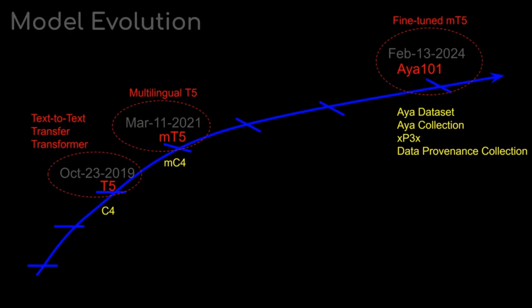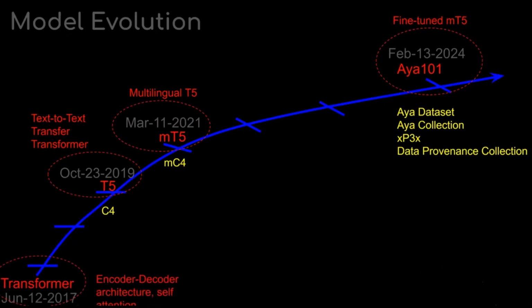So we need to really understand what T5 is in order to understand what Aya 101 is. Now, T5 is based on the original transformer model, which by now I'm sure you know what it is. If you don't, I have a video on my channel which I'll link here, and I discuss in detail what this transformer model is. This transformer model, along with the concepts that are introduced in another important paper called BERT, these two papers we should know if we want to understand the T5 model.